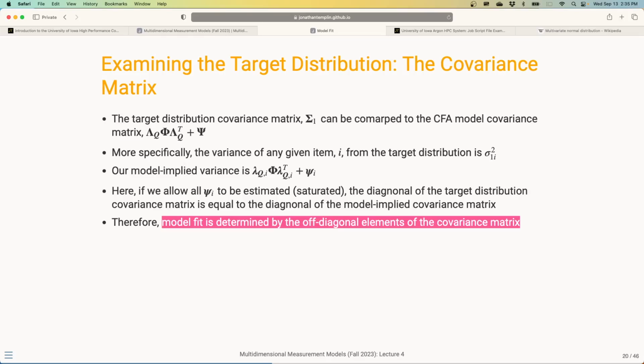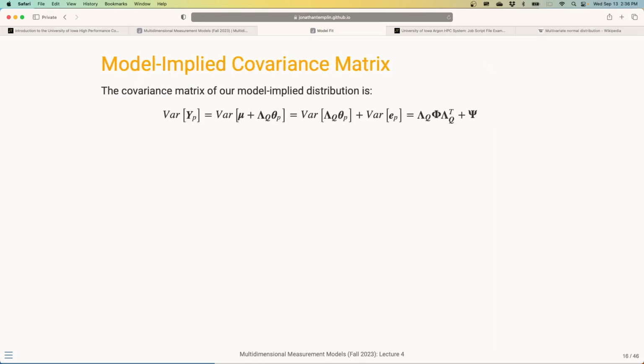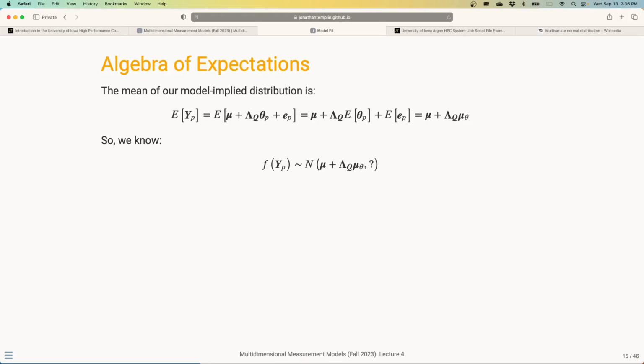All of the things that we have discussed here, are they dependent on the estimation method? For example, here, I would say that we are using something like a full information method. Okay, we're about to talk estimation next week, so hold on to the full information for just a second. Right now, I'm trying to give you the conceptual definition. None of this is dependent on estimation with the exception of this: to do some of this algebra, I did not specify prior distributions on some of the parameters.